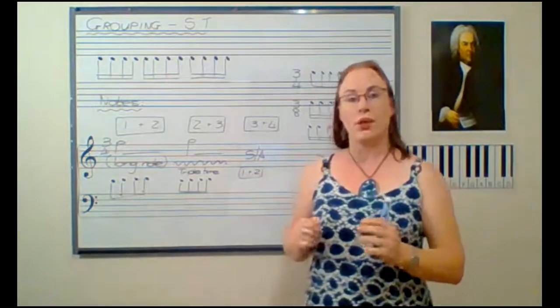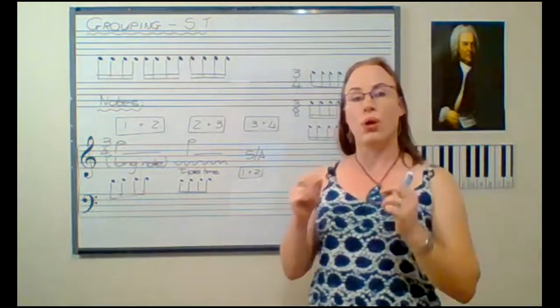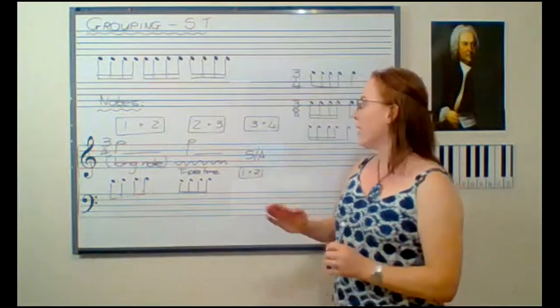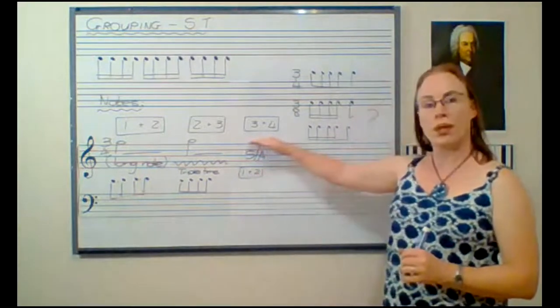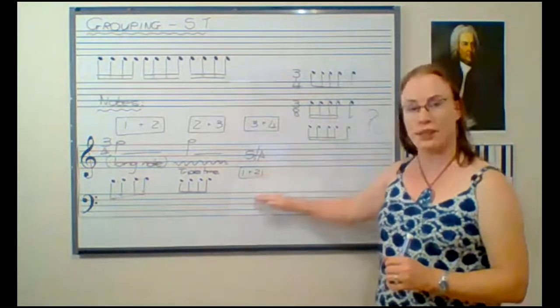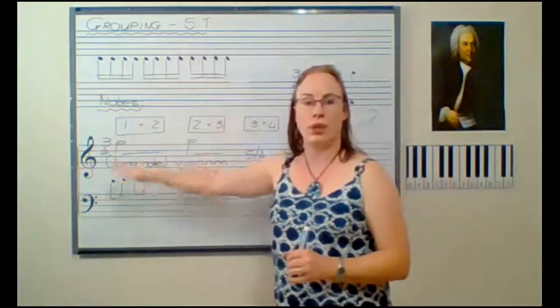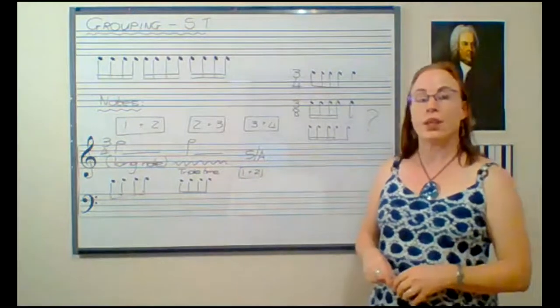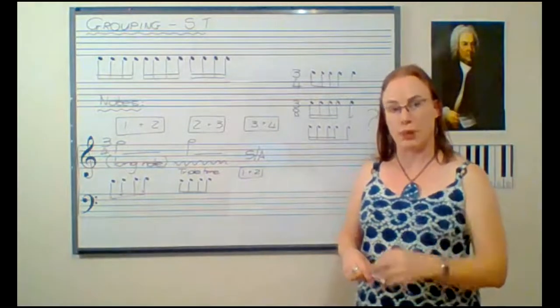Remember that. If it's quadruple time, you're not allowed to group them together. Please remember that. And then when it gets to beat 3 and 4, it's exactly the same as the grouping of beat 1 and 2. So that's really how simple it is.